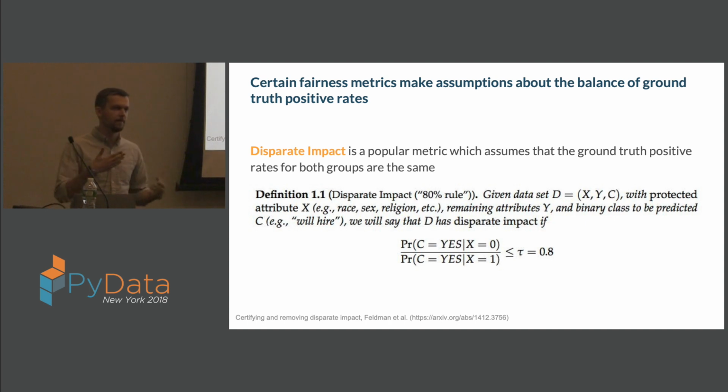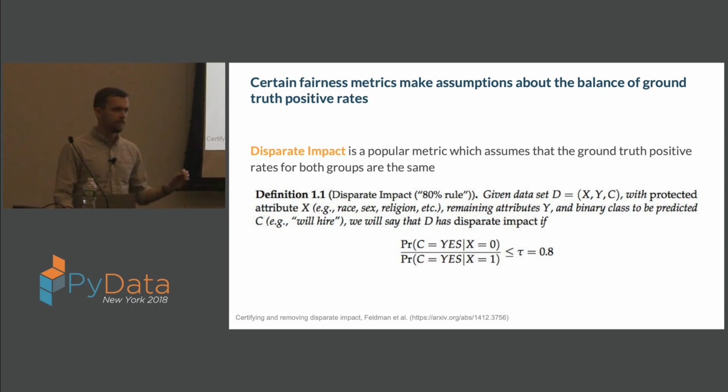But you can see how that implies that the ground truth positive rates would have to be the same for the 2 groups for this metric to be meaningful. In our breast cancer case, we're going to fail this test dramatically because there's 2 orders of magnitude difference between the classification rates. But still, this is a popular metric because it's the only one that is referenced in US case law. So there's a historical precedent for using this as a metric of fairness.